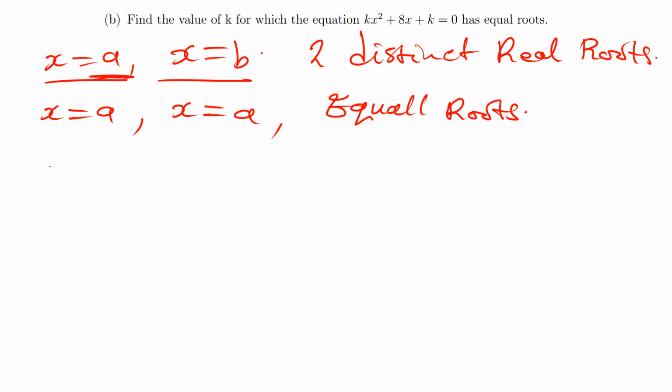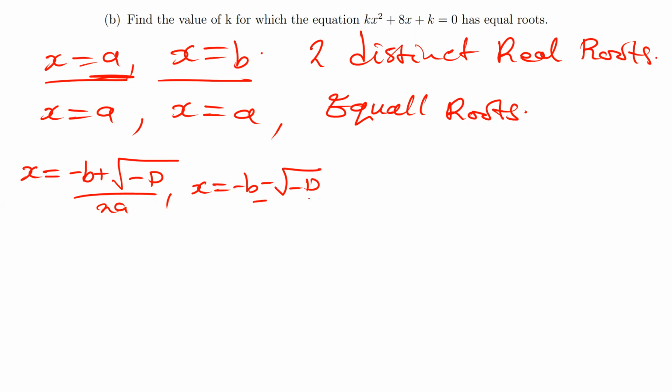And then if the quadratic equation gives you complex roots, for instance, if you are solving a quadratic equation using the formula method and you find the answer to be x is equal to negative b plus or minus the root of whatever is in the brackets there, the discriminant, and it is negative, then over 2a, and another x is equal to negative b minus the root of negative d over 2a.